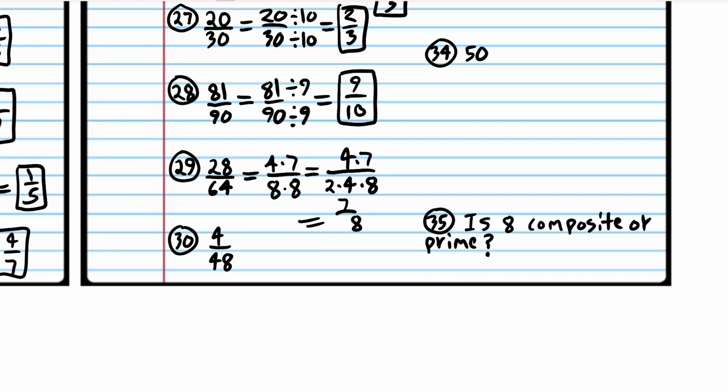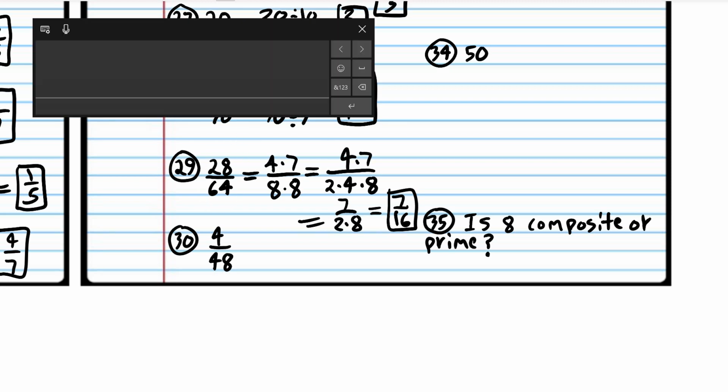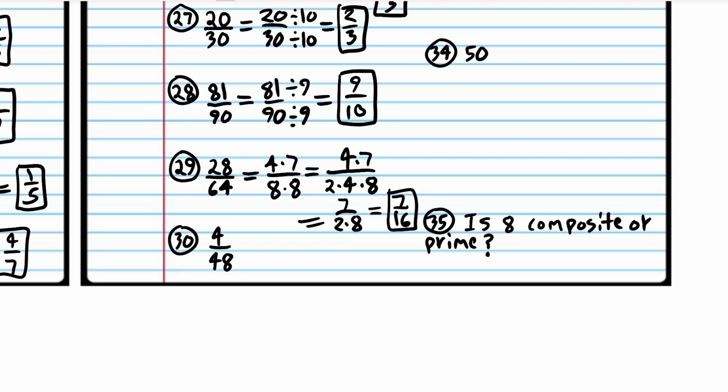And you can recombine the 2 and the 8 because 2 times 8 is 16, so you end up with 7 over 16. So this is just a different way to reduce fractions. You don't have to do it this way, but when you get to numbers that are big enough that our multiplication facts are not working, this method is really useful.